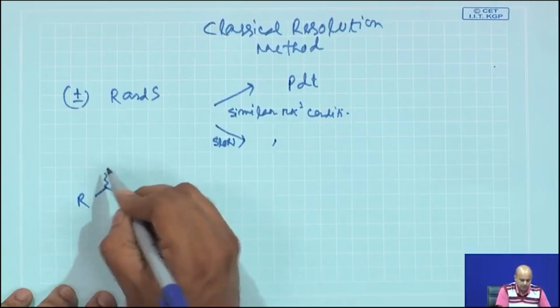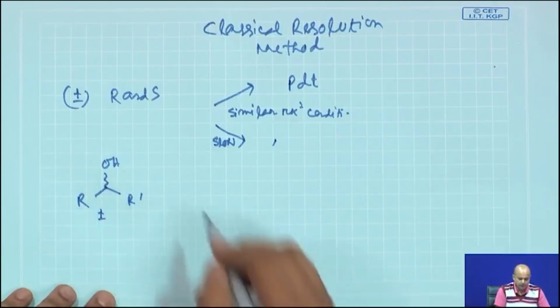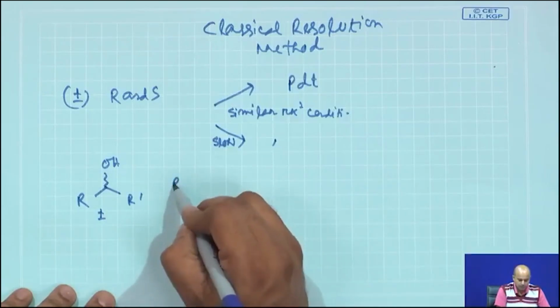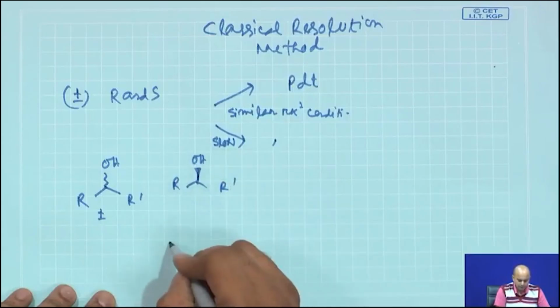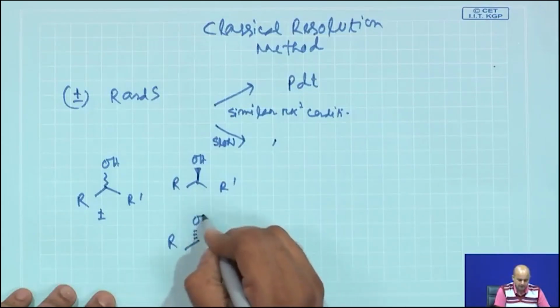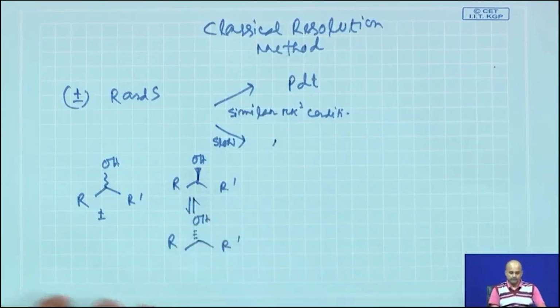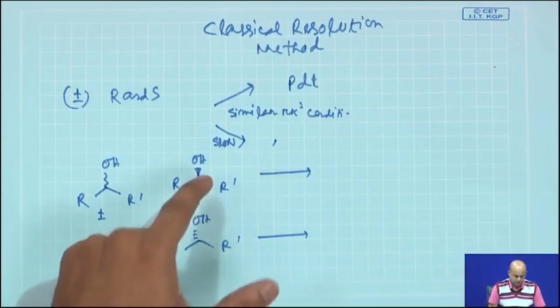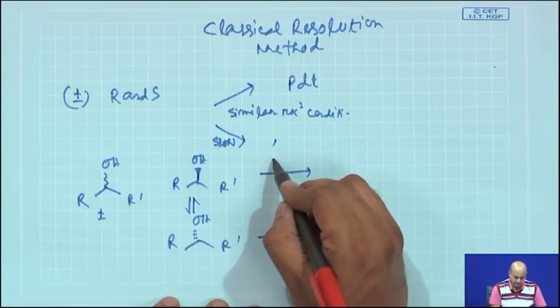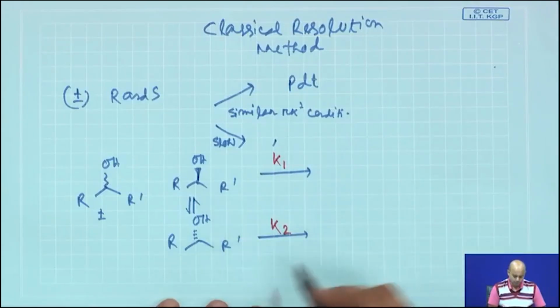Say you have this alcohol in racemic form. What does that mean? You basically have this enantiomer as well as the other enantiomer, in a 1:1 mixture. Now, let us say the top enantiomer reacts with a rate constant K1, and the second one with K2.